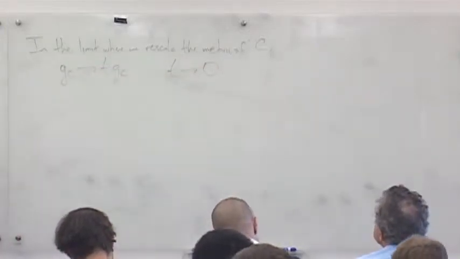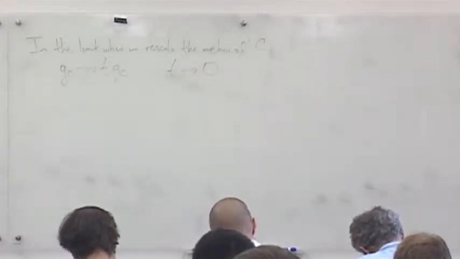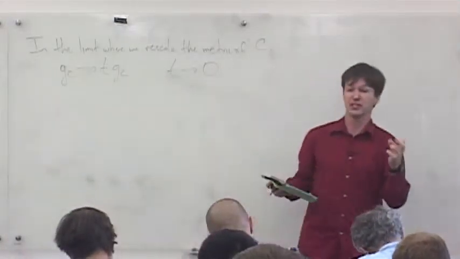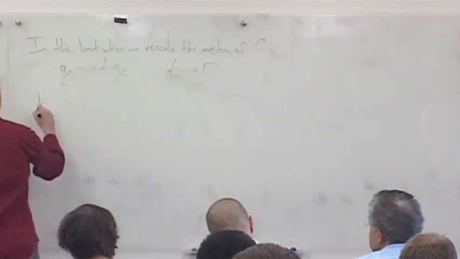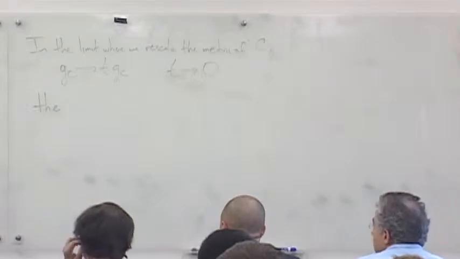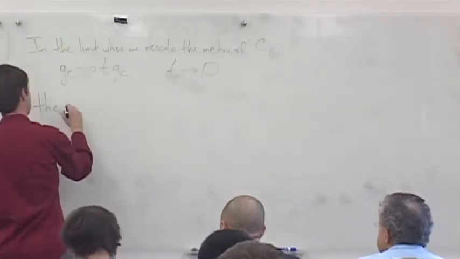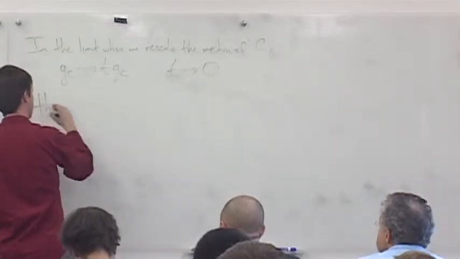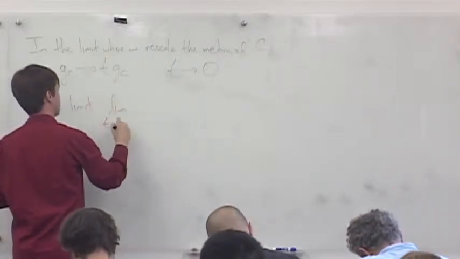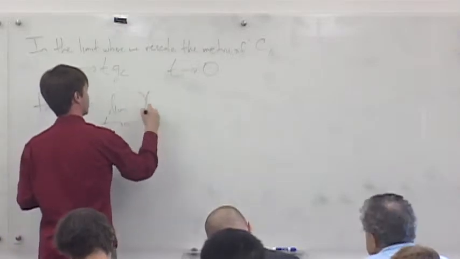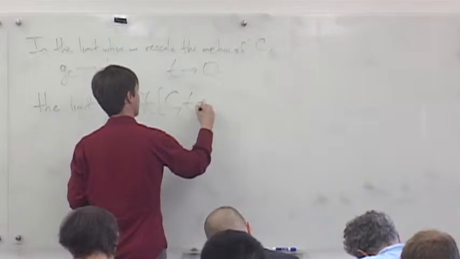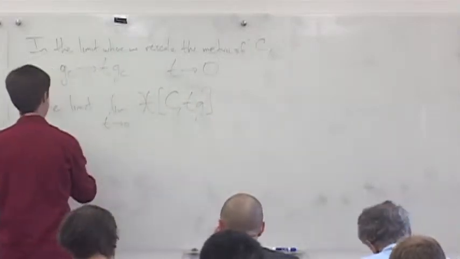So we have a family of quantum field theories depending on the metric on this internal space. And in the limit where we take the metric of that space to be very, very small, that family is supposed to have a limit. So the limit as t goes to 0 of X of C with the metric tg exists.